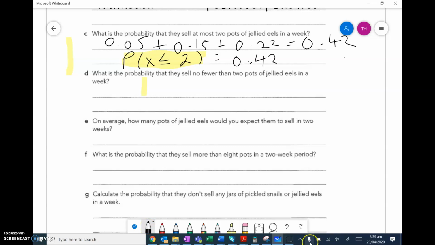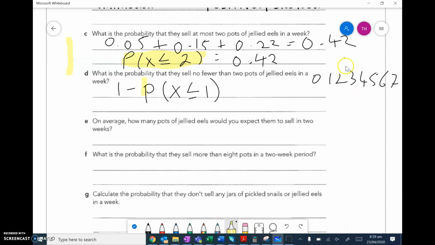So no fewer than 2 means you want all of these, 2, 3, 4, 5, 6, 7 onwards. So you don't want 0, 1, so you can go 1 minus probability that x is less than or equal to 1, and that was just these 2 numbers, so it's just 1 minus 0.2 equals 0.8.